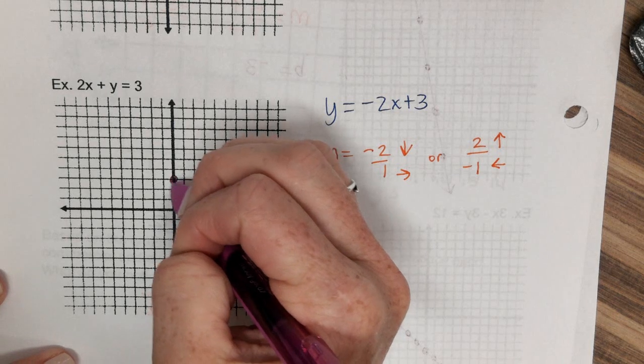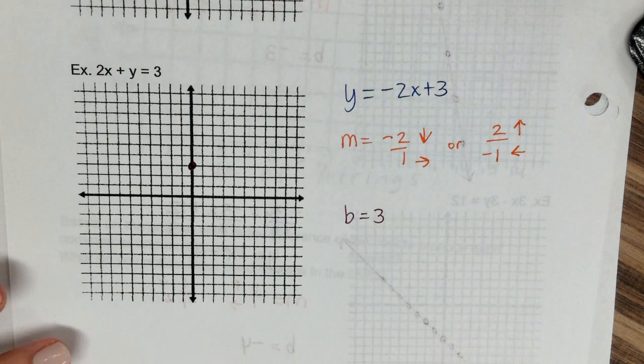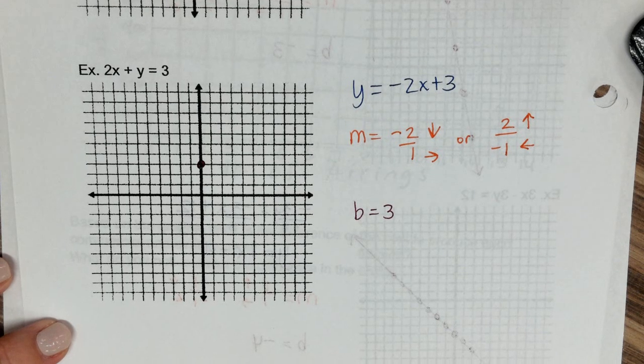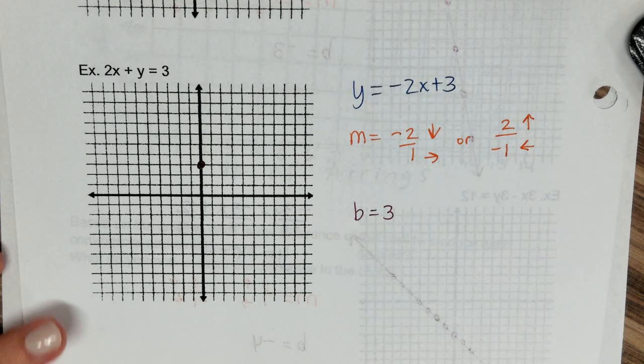Check your slope and y-intercept before you start graphing. Did everybody get a slope of negative 2 over 1 or 2 over negative 1? And the y-intercept of 3.